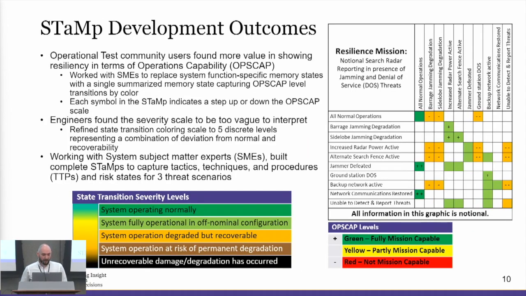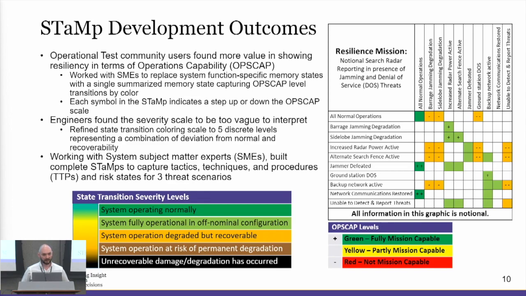So in application, we found there was some utility here just for helping people think through the depth of this. But we also found that there was some work to be done for making it intelligible to a broader and more high-level community. One of the big things that we found was that the OT community, a lot of the testers were more used to thinking in terms of ops cap.